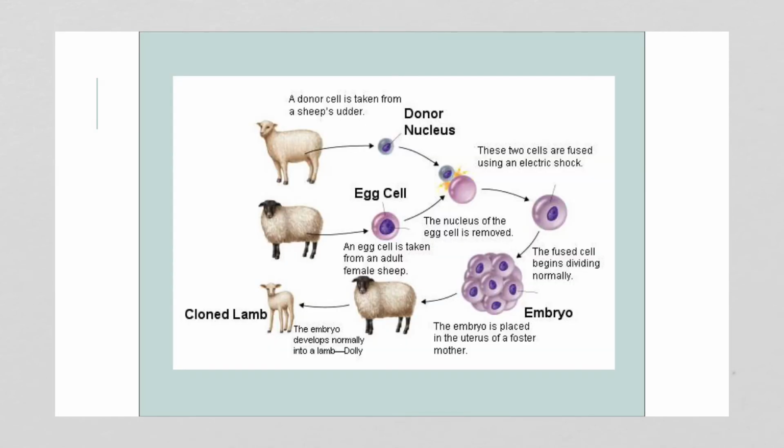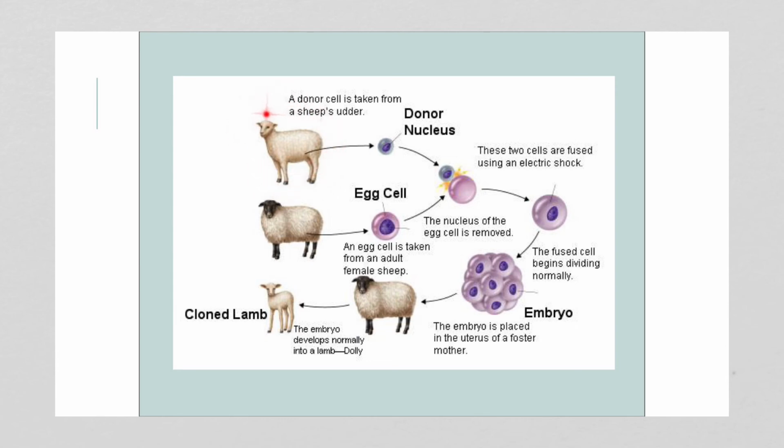The example we're going to take a look at is a famous cloning experiment that took place in the 1990s, where Dolly the Sheep was cloned from a parent. There is a bit of a sad ending, however. What happened was there was a donor cell.